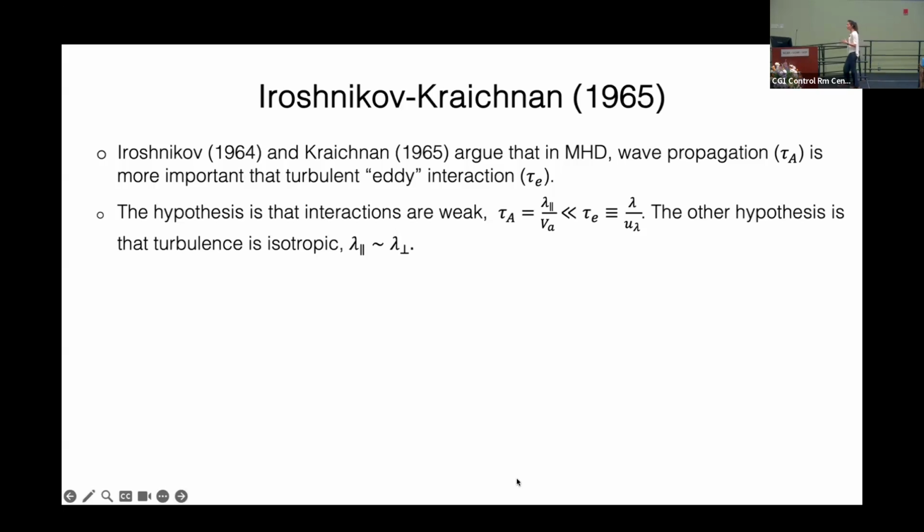The hypothesis is that turbulence is driven by the interaction of Alfvenic vortices, and the interactions are weak, so the shorter time scale is dictated by the Alfven propagation time. During a given interaction, these vortices are not deformed much.